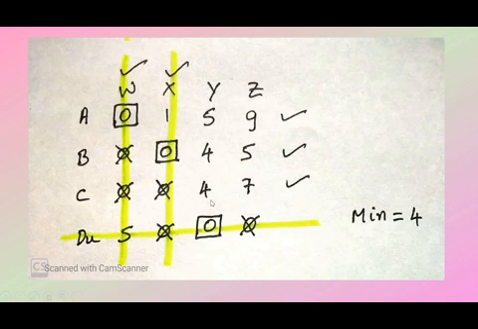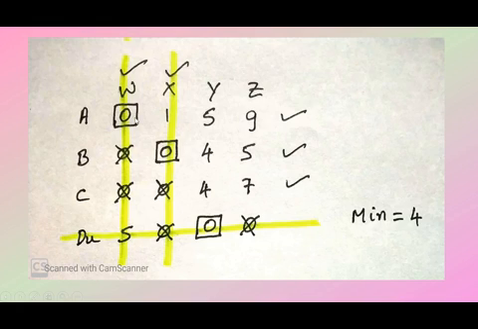So out of the remaining uncovered elements, 5, 9, 4, 5, 4, 7, which is the minimum element? 4. So 4 is the minimum element that has to be subtracted from all the uncovered elements and has to be added at this point of intersection. At position 5 and at position 0, 4 has to be added, and in these places 4 has to be subtracted.